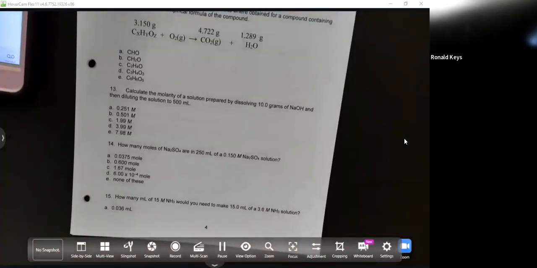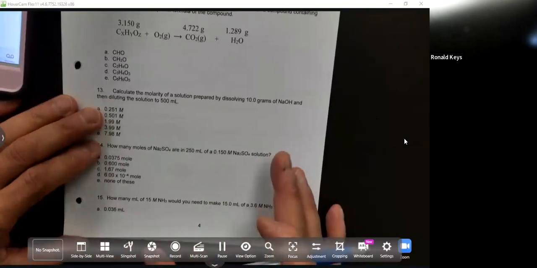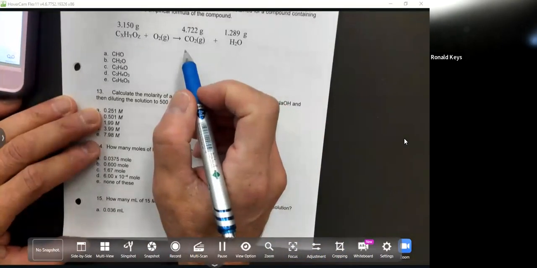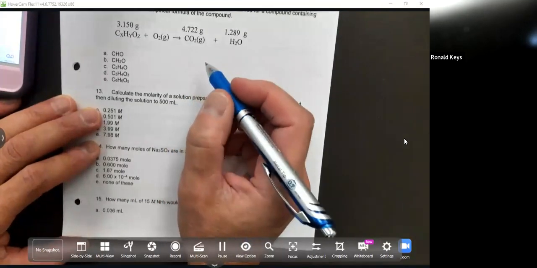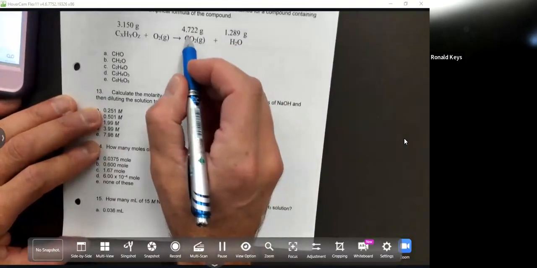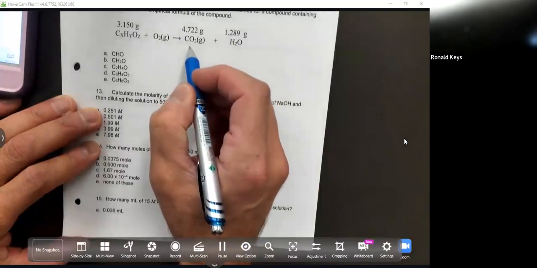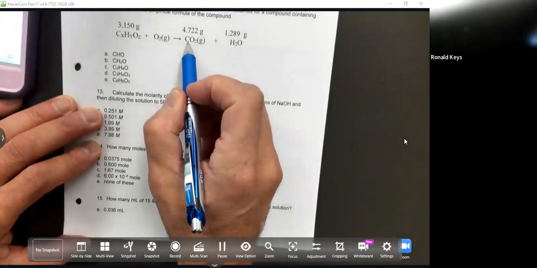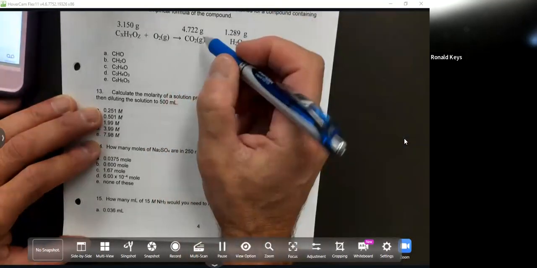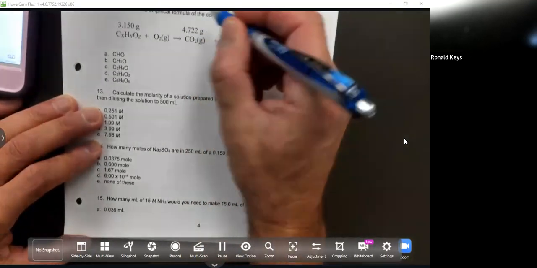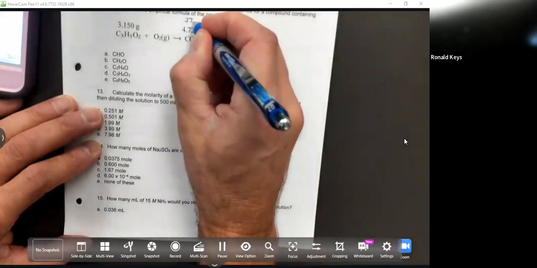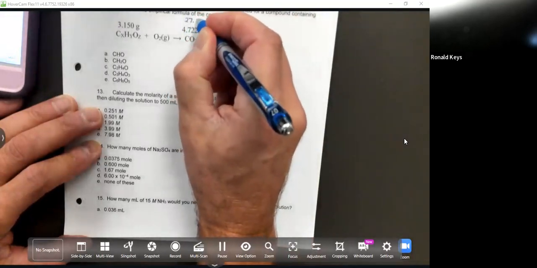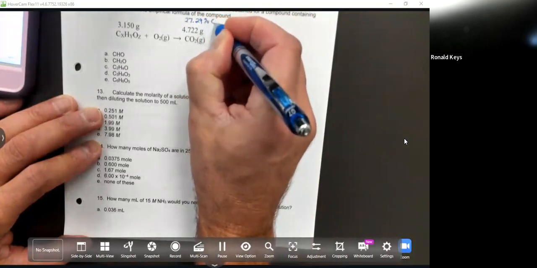All right, we're looking at 12. So we want to calculate an empirical formula here. We want to take this 4.722 grams of CO2 and we need to get grams of carbon out of this. So we know that CO2 from our previous problem is 27.29% carbon.